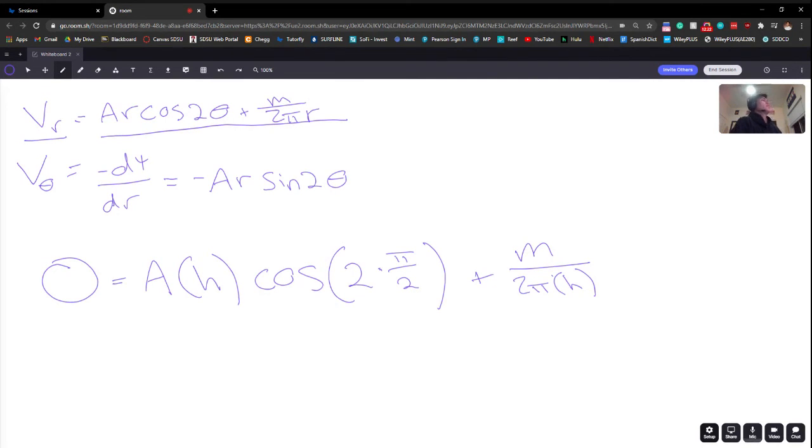So we basically have a relationship that compares a, the height, and the source strength. We can just move some stuff around. Cosine of pi is negative 1. So this is negative a h plus m over 2 pi h. Move this over to the other side; we just add, because this is already negative.